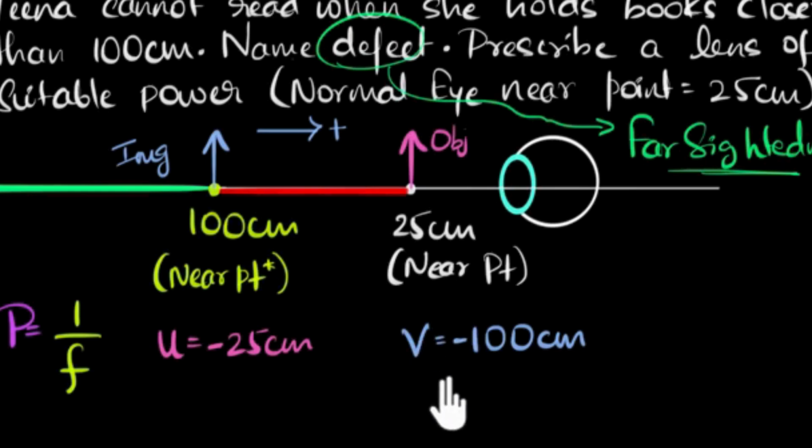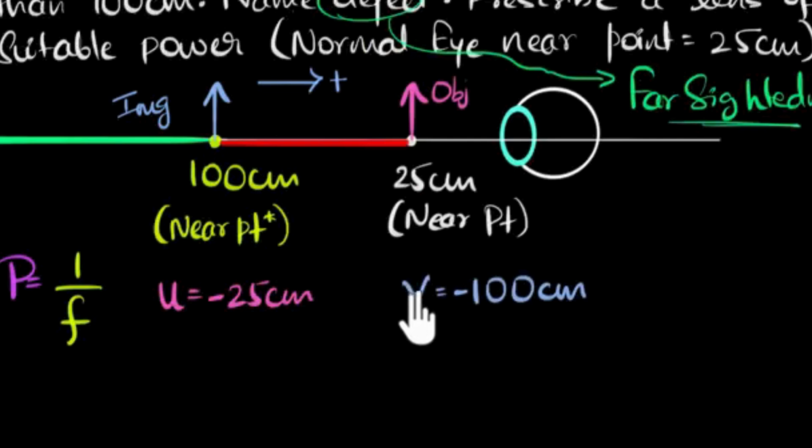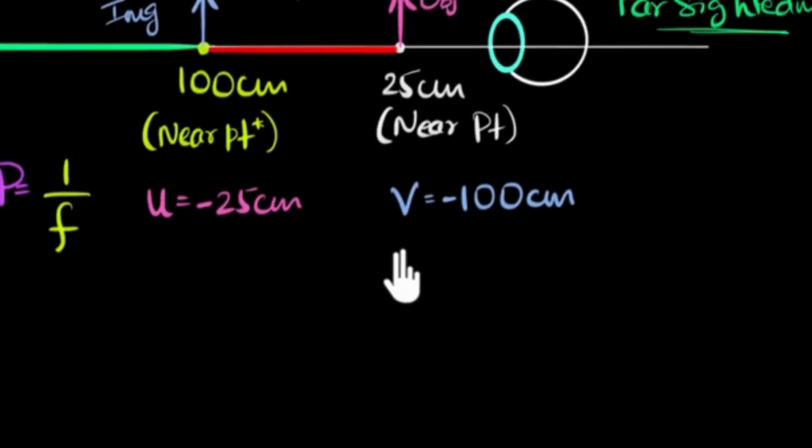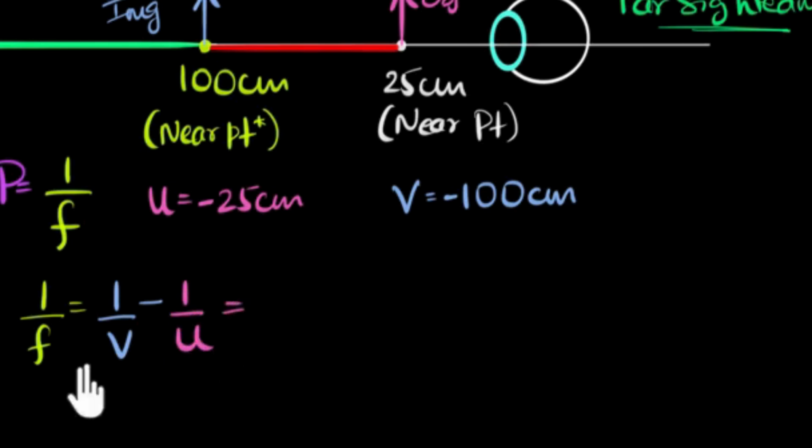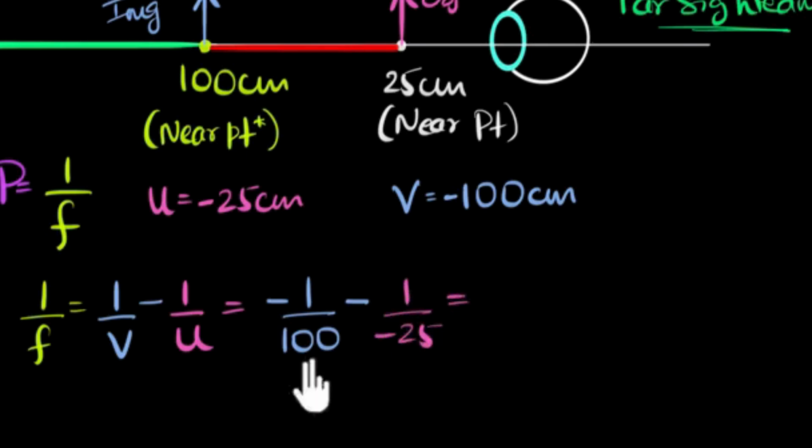Now we can go ahead and use the lens formula, since we know u and v, we can calculate f. So the lens formula says 1 over f is 1 over v minus 1 over u. That gives us negative 1 over 100 minus 1 over negative 25.